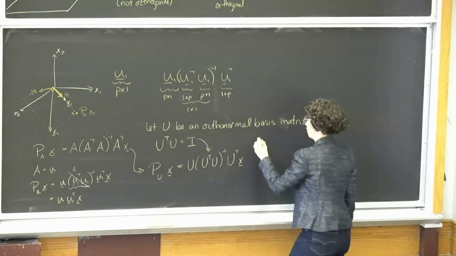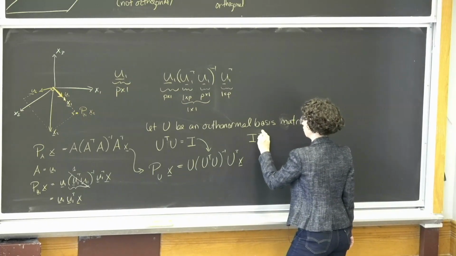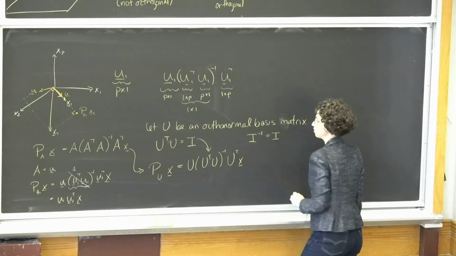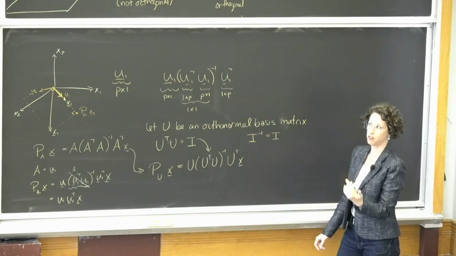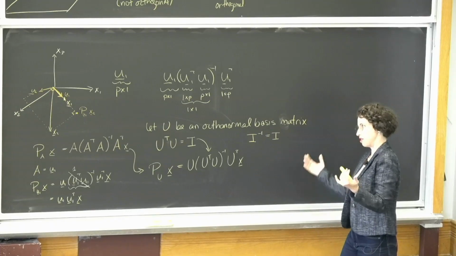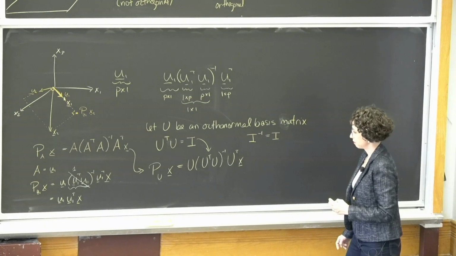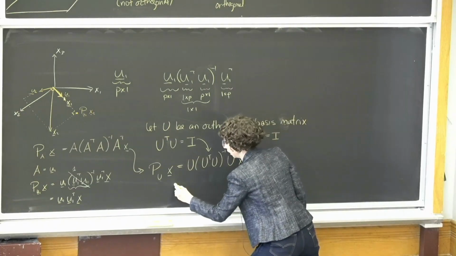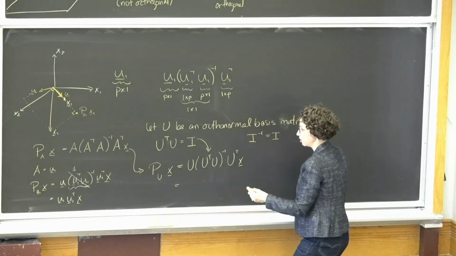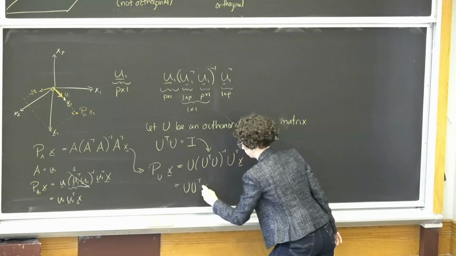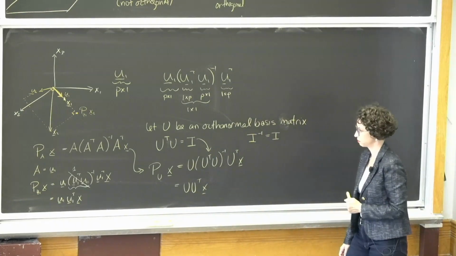I don't know if I've said it explicitly before, but if I take an identity matrix and compute its inverse, that's still just an identity matrix. Just like if I take 1 and divide by 1, I get 1. Or maybe not just like, but analogous to. And so in this case, the projection onto U corresponds to U transpose times whatever vector X.